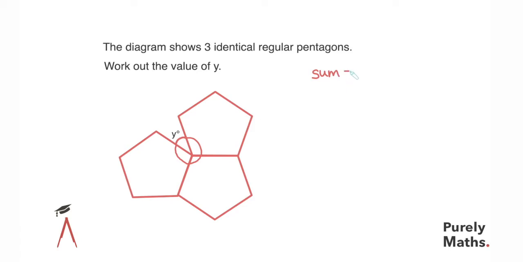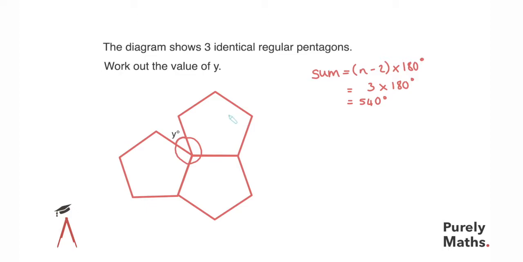So the sum of all the angles in a polygon is n minus 2 multiplied by 180. N is 5. 5 take away 2 is 3. So we need to work out 3 lots of 180, which is equal to 540. Okay, so all the angles within this 5-sided shape equal 540.